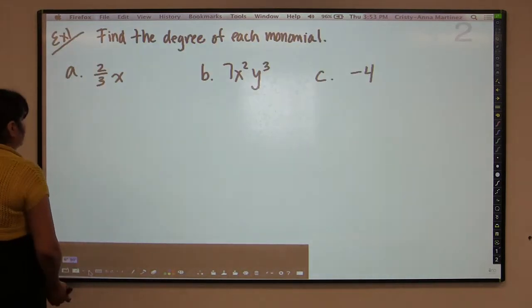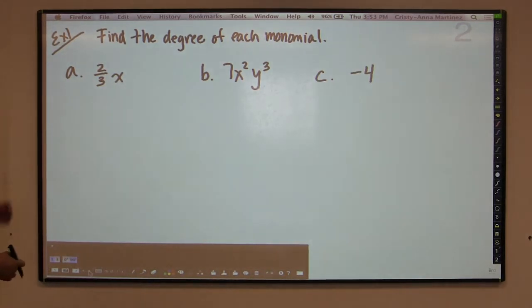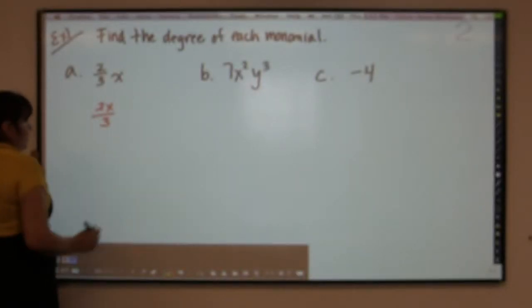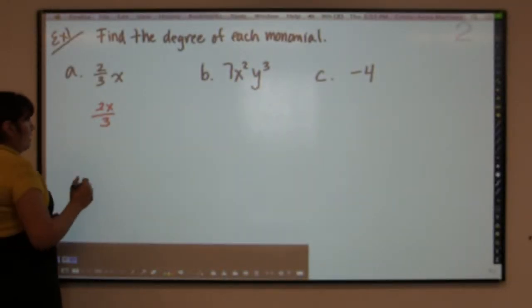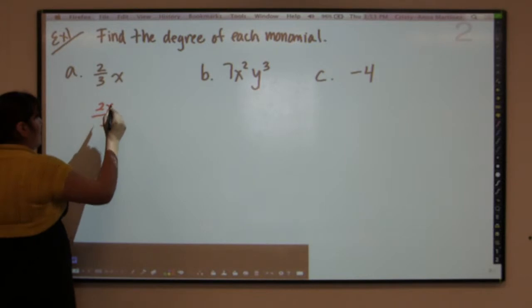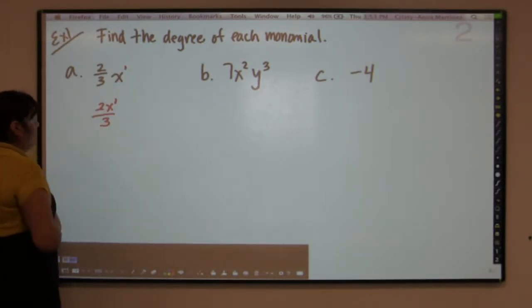So now in our first example, we have: find the degree of each monomial. I'm going to go through here and show you how to do that again. 2/3 x could also be written as 2x over 3. It shouldn't scare you as a fraction. But either way that you write it, the degree, or the exponent of the variable, is 1.